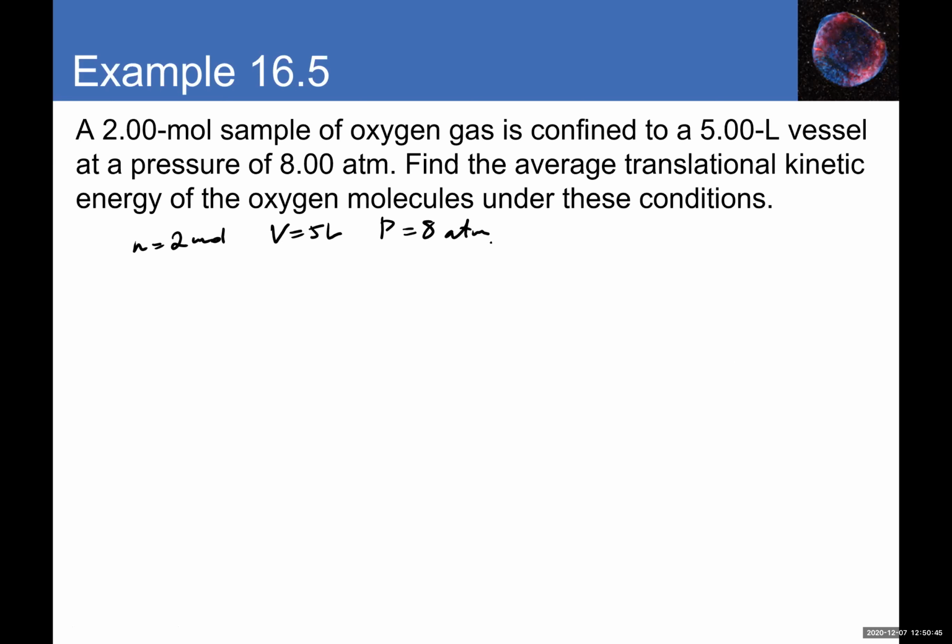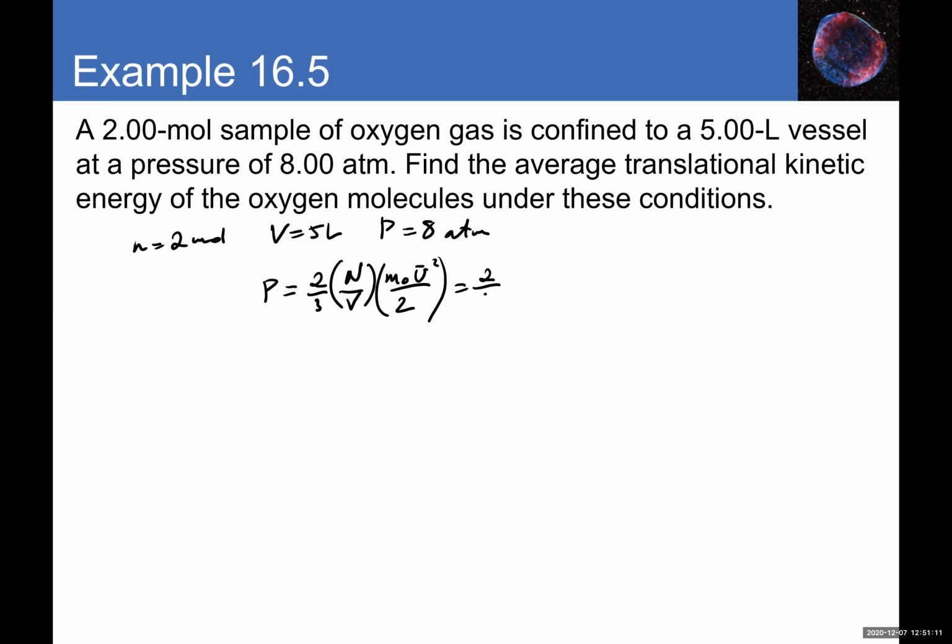Using this equation, remember, P equals 2/3 times the number of molecules per unit volume, times mass times average speed square over 2. Remember, this quantity here is the average kinetic energy. That means I can rearrange this.